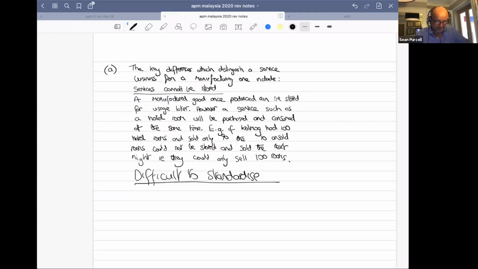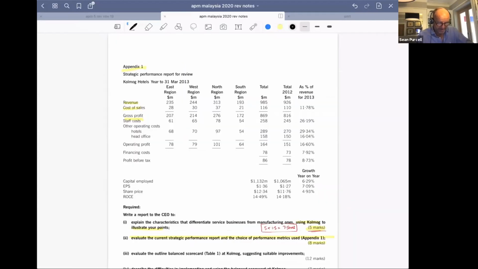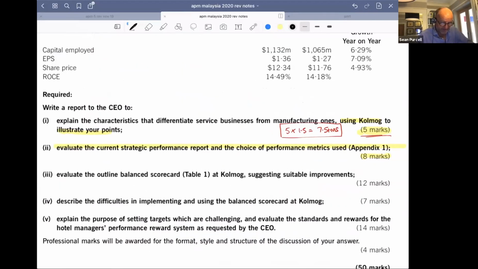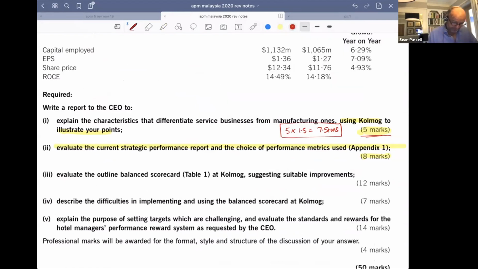Okay, so that was the first one. What's the next one saying? It asks us to evaluate. So what does it mean when we see the verb evaluate? Well, what is the current performance report like? You need to tell me what's good, but you also need to tell me what's not great, and tell me about the choice of performance metrics used.